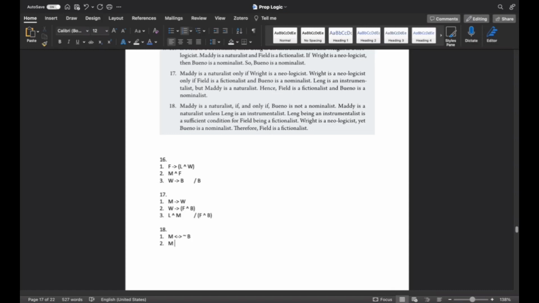But as you said, I cannot use a negation. Yeah, but here "unless" just means a disjunction. So, or. Okay, that sort of makes sense.